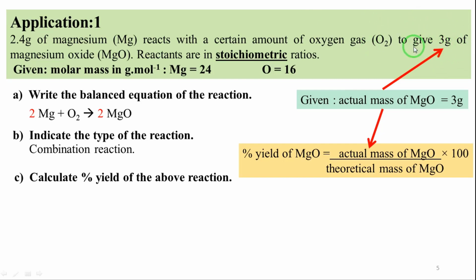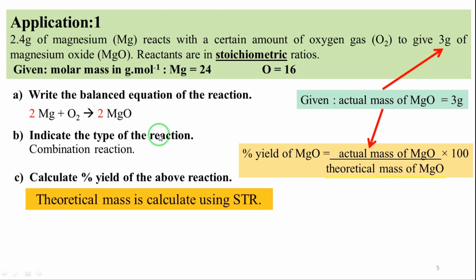So the given value here represents the actual mass of magnesium oxide, or the experimentally obtained mass. In order to calculate the percentage yield, I need first to calculate the theoretical mass. The theoretical mass is calculated using the stoichiometric ratio.